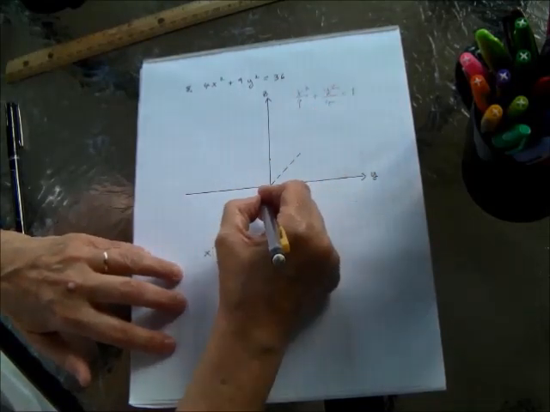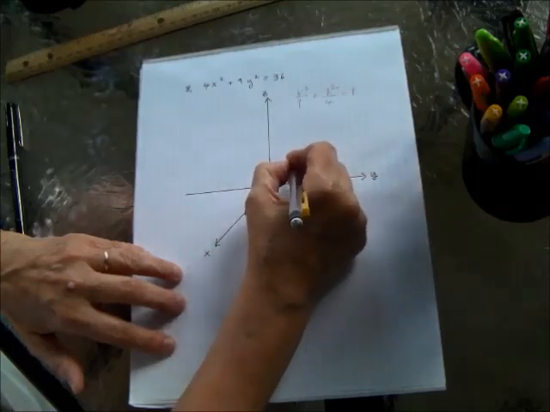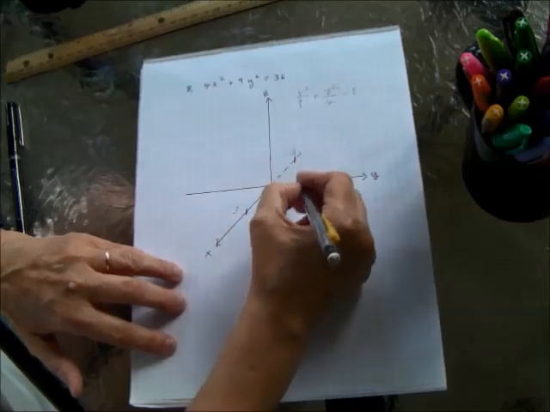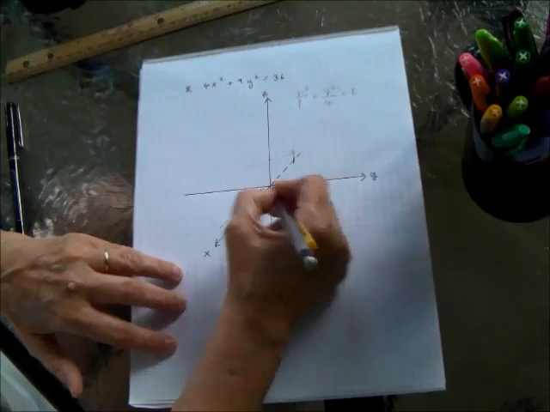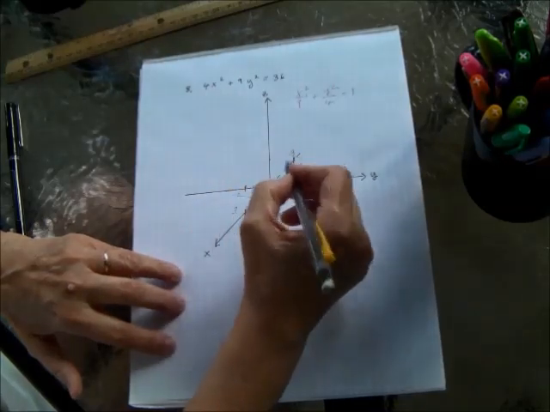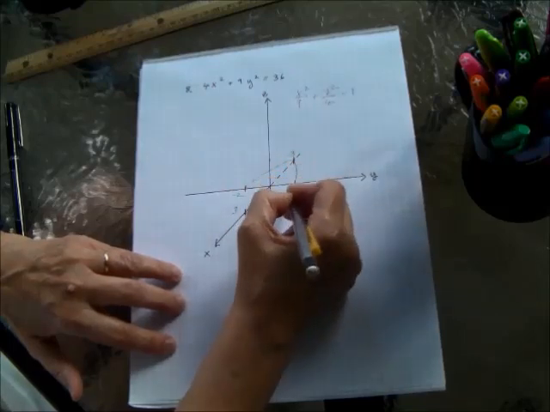So on the x-axis, I want to go 3, so let's call that 3, and that -3, only that really should be smaller to be in perspective. And then on the y-axis, 2. Let's make 2 a little bit bigger. Let's call that 2, and that -2.